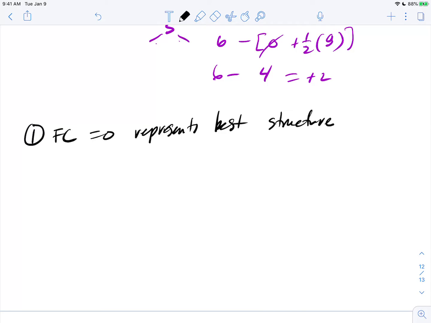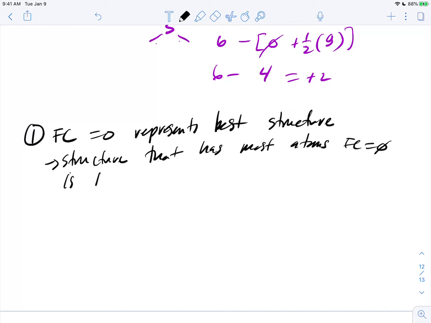So that is to say that the structure that has the most atoms with a formal charge equal to 0 is the best structure.